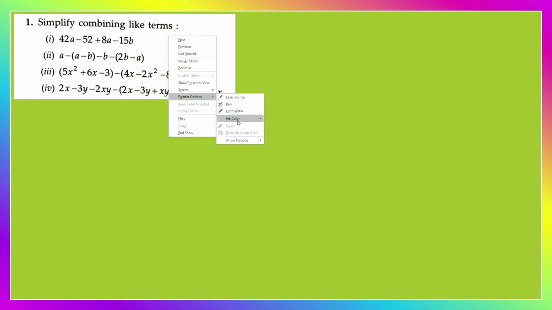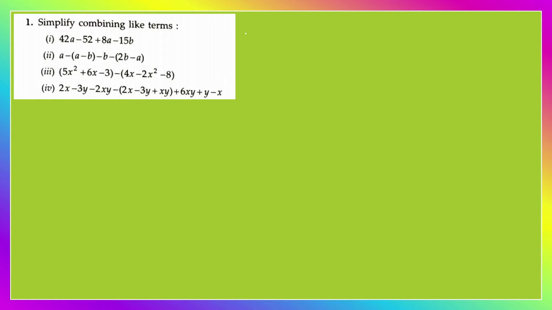Okay friends, so now let's solve, and first of all, before solving, I'm going to tell you the basic idea. Like terms are terms which have the same variable part. For example, 3xy squared and 5xy squared are like terms because they have the same variable part xy squared.